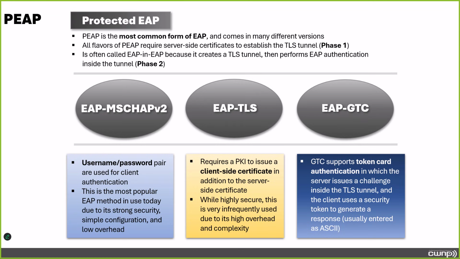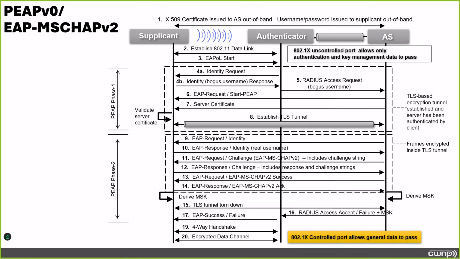And so we end up using EAP MS-CHAPv2 in the tunnel in most cases. So it looks like this, but again, we're not going to get into the nitty-gritty details of this. This is covered in detail in the CWSP materials, but basically you can see the general flow of this communication process that happens. And this is recorded and will be on the CWNP TV YouTube channel, so you can always pause this once it's uploaded there within the next few days in order to look over it in more detail.